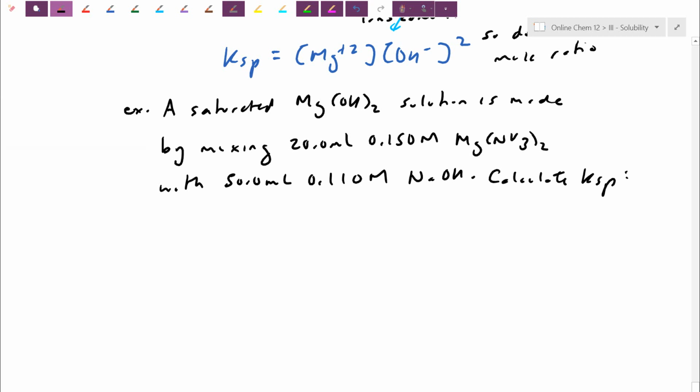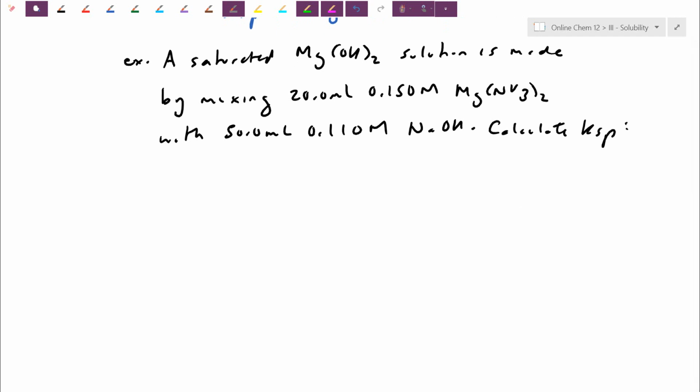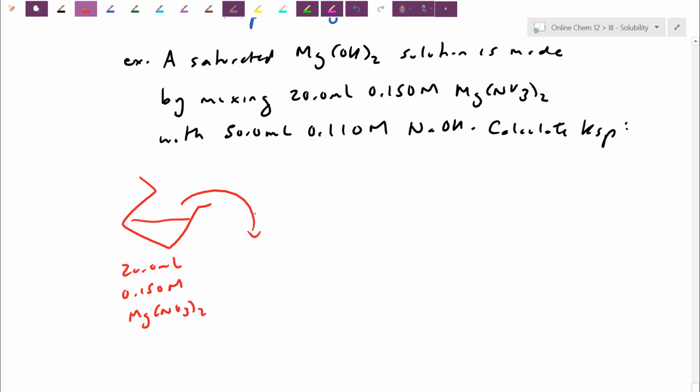Right? If you like, you can start off with the picture. So we have here, starting off, 20 milliliters. The concentration starting off is 0.150 molar. This is currently Mg(NO3)2. I'm going to mix this solution together with another solution here. The other solution is 50 milliliters, a little bit more volume, a little bit lower concentration, 0.110 molar, that's NaOH.